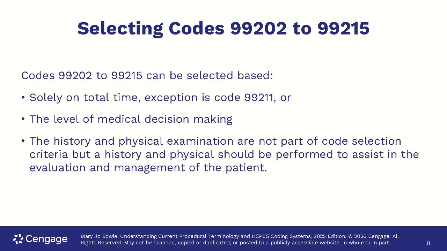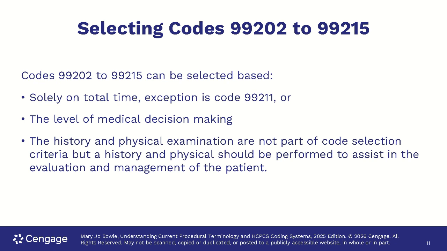So, office visit codes starting with 99202 through 99215 minus 99211 are selected based on one of two approaches: either total time on the date of encounter, or based on the level of medical decision making.